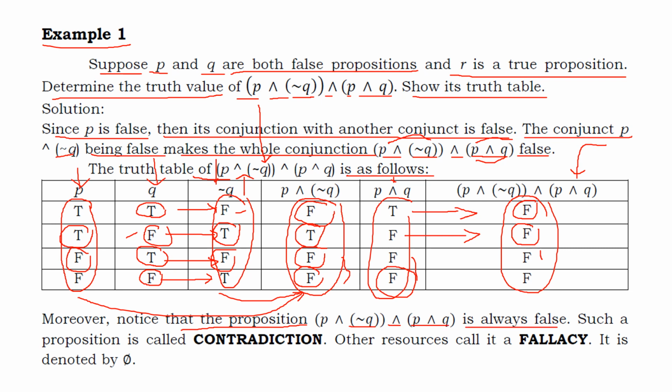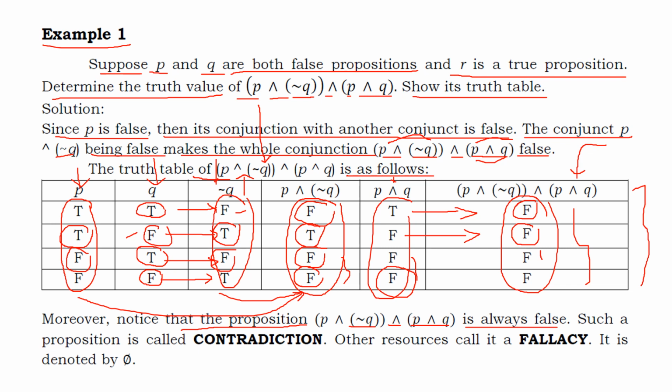Based on the truth table that we use, all possible truth values that we arrive at, once we apply these logical operators on these P and Q propositions, are always false.